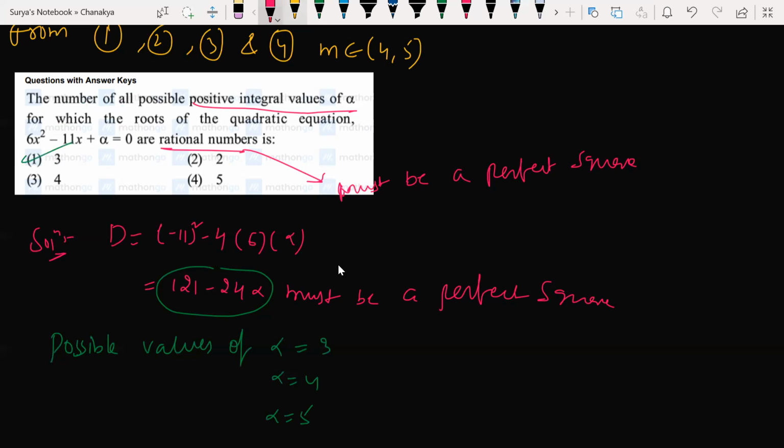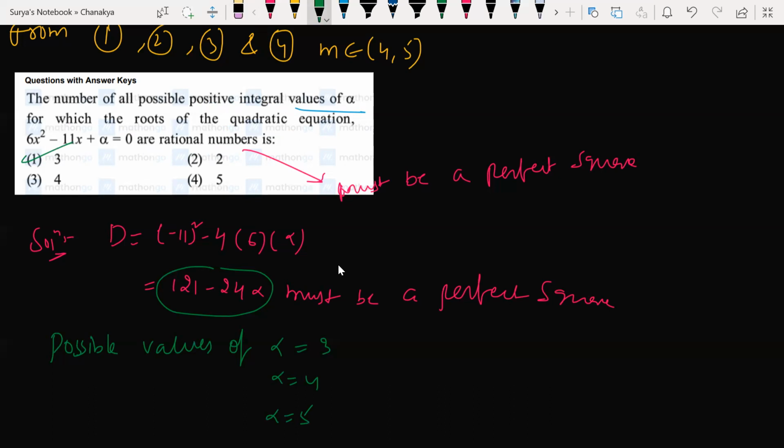Beta, a very simple question, common sense. All the possible positive integral values of alpha for which the roots of the quadratic equation are rational numbers. This is the condition he has given to you. Therefore, the discriminant must be a perfect square.